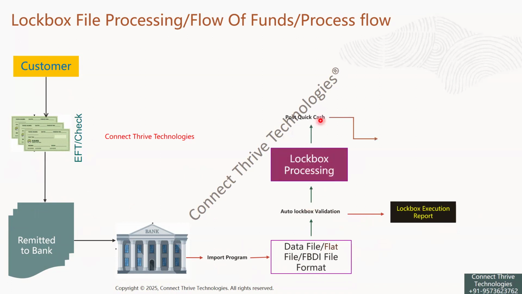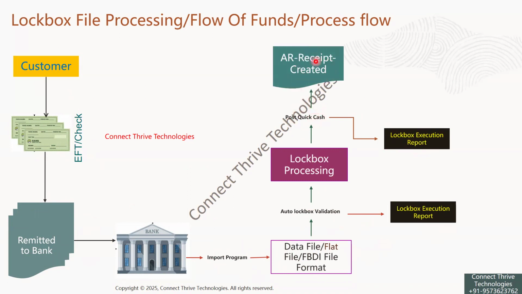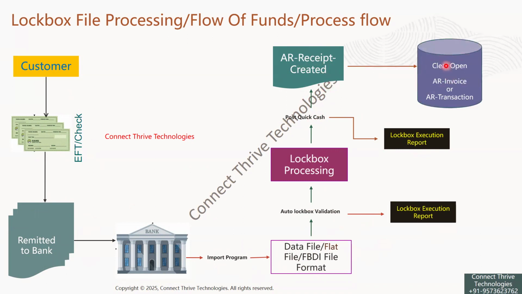In the interface table it will also verify all the validations related to errors and warnings. If everything goes smoothly, when we run the post quick cash program, which creates receipts, the receipts will be created automatically and will clear our open invoices against that payment.